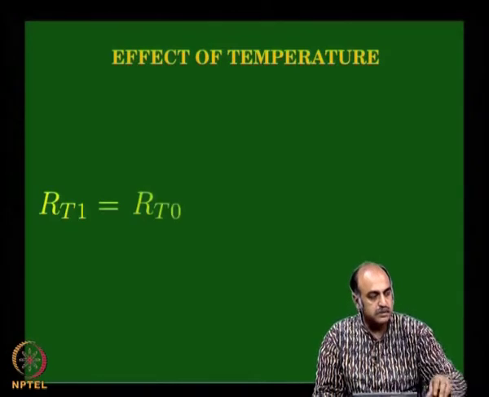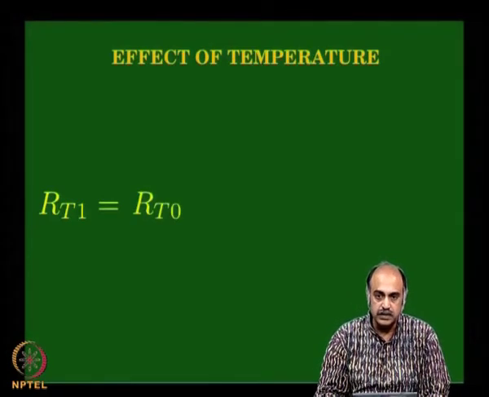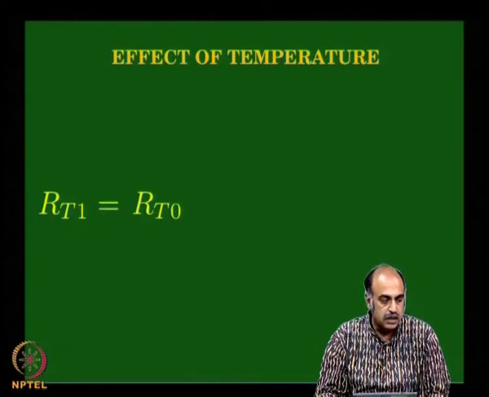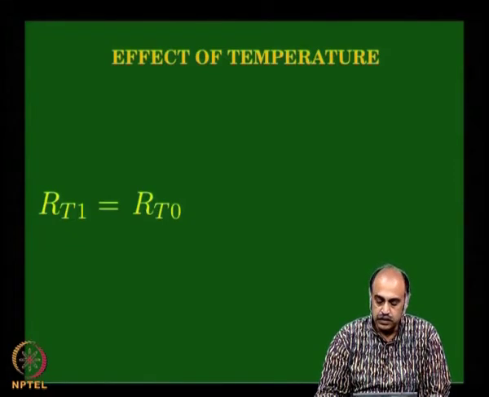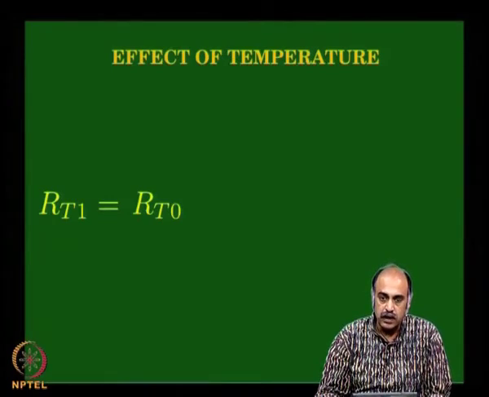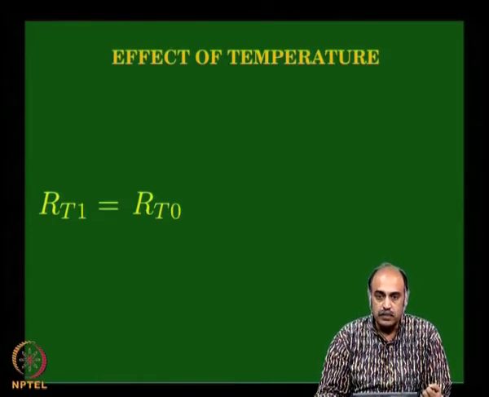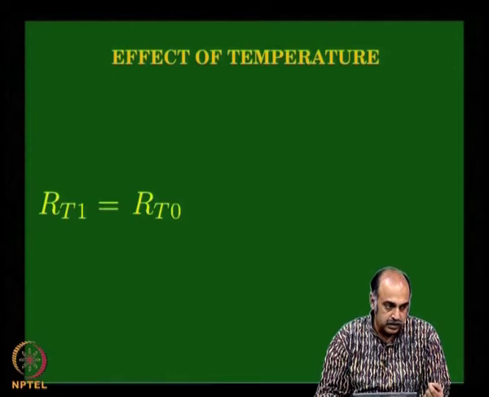Now, that is equal to the resistance at some temperature T naught, where T naught is our reference temperature. Most of the cases in the science tables, you will see that the resistance can be calculated for 20 degrees centigrade. Just like we did in the previous slide, the resistance was calculated for the copper resistivity given for temperature 20 degree centigrade.